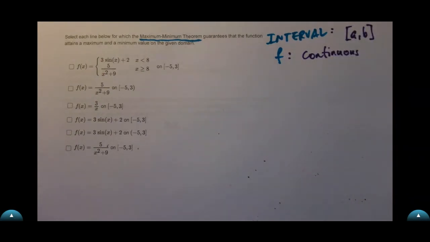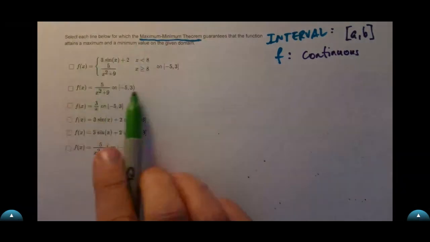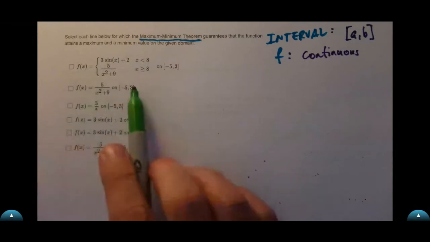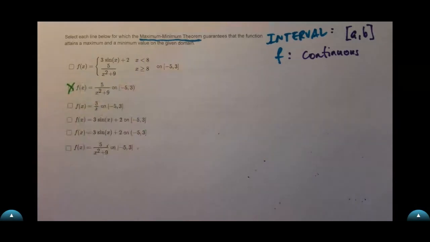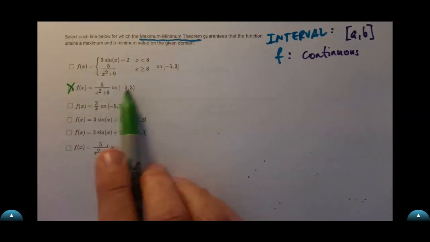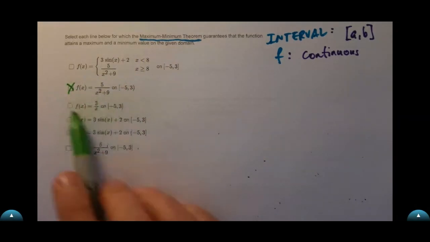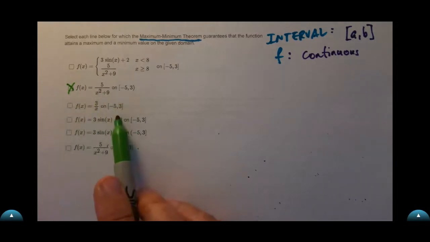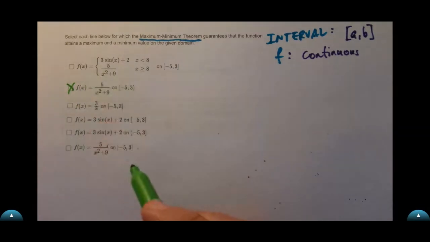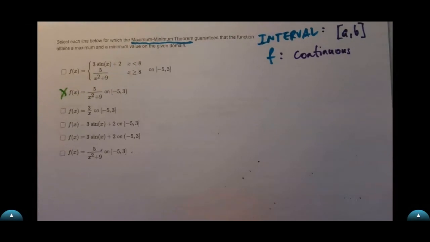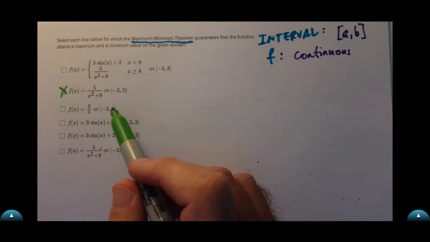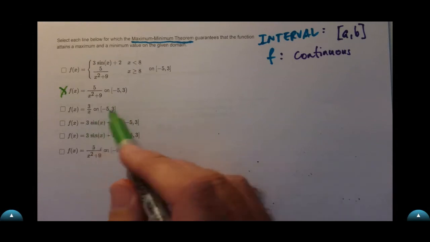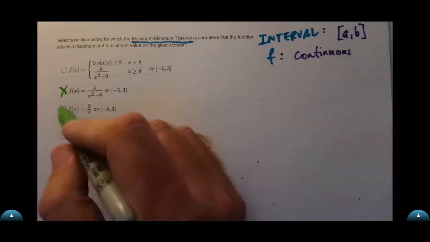Okay, so who can tell me? Let's leave this one. Is the second one, can I use the max min theorem there? No. Why not? Because it's not a closed interval. What about the third one? No. Why not, Lisa? Right, it's not continuous on the interval, so that one's broken.